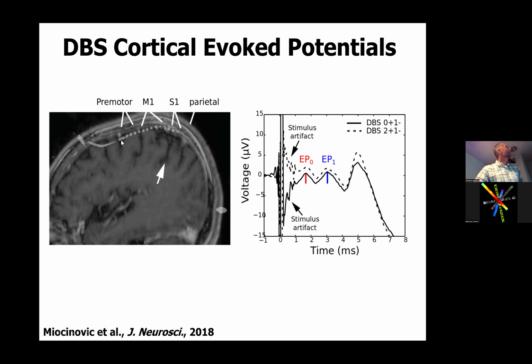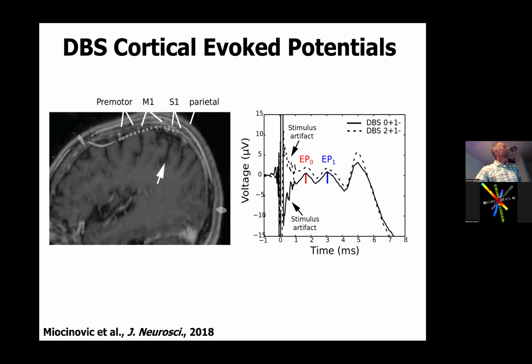This is an example of work that Svetlana Miocinovic was doing at UCSF at the time, and at Emory now, where as part of the deep brain stimulation surgery, they would put a temporary cortical strip electrode over sensory and motor cortex. Down here, you can't see it in the picture, but they would also be stimulating in the subthalamic nucleus, and then they would record in cortex.